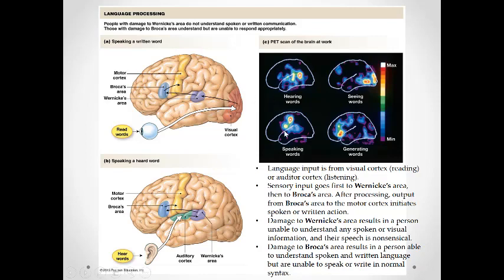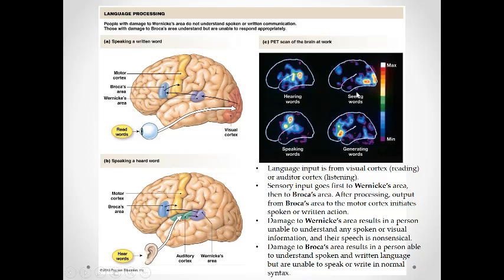So here you can see a PET scan of a brain at work. If you're just hearing words, you're going to be activating the Wernicke's area, which is over here. Probably your auditory area is also going to be involved, because you have to hear it, and then that signal goes to the Wernicke.